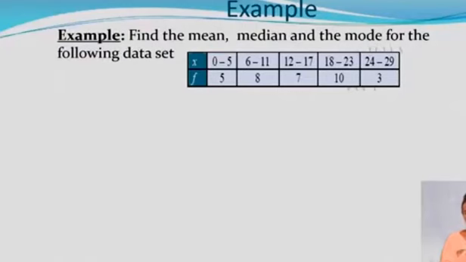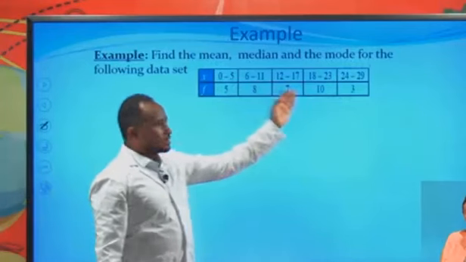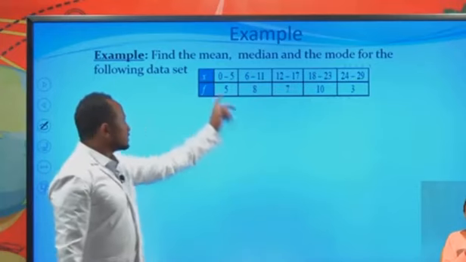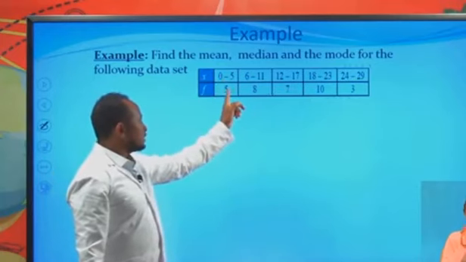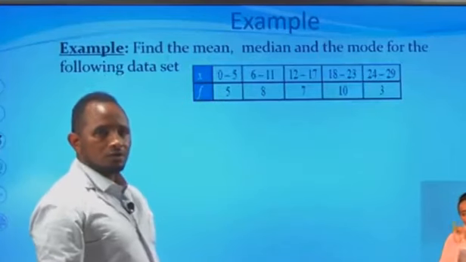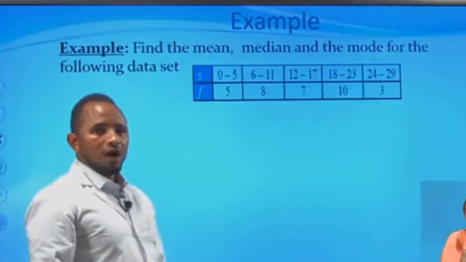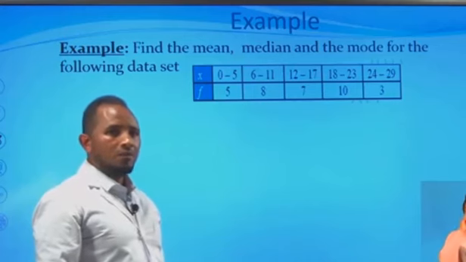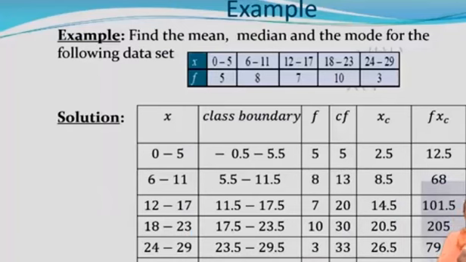Now let's see an example for this data set. The data set is given: the first class from 0 to 5 is 5, 6 to 11 is 8, and so on. We need to find the median, mean, and mode for this data set.